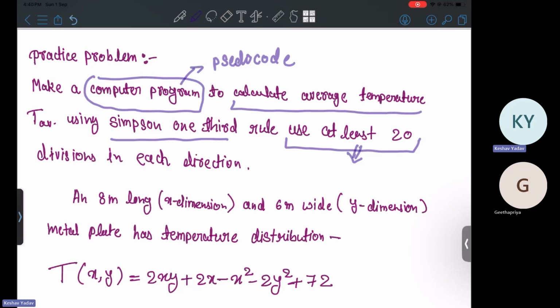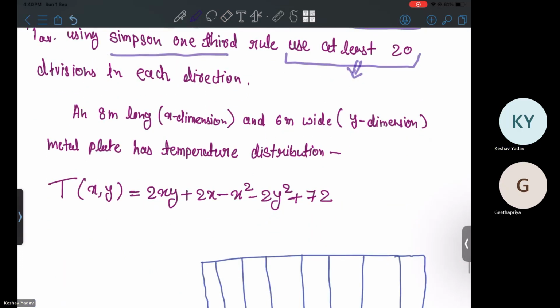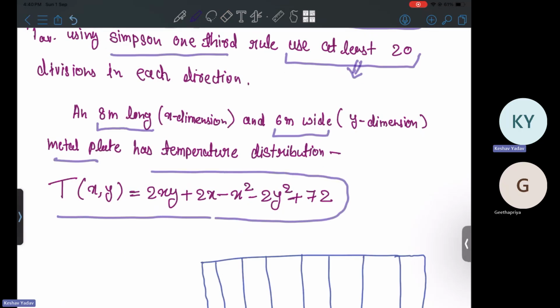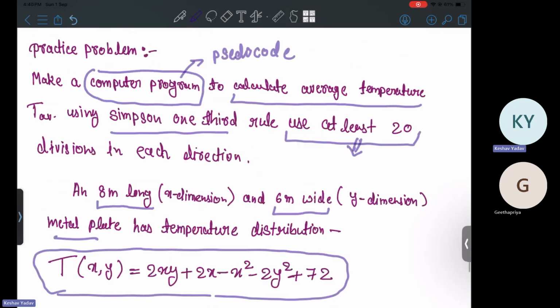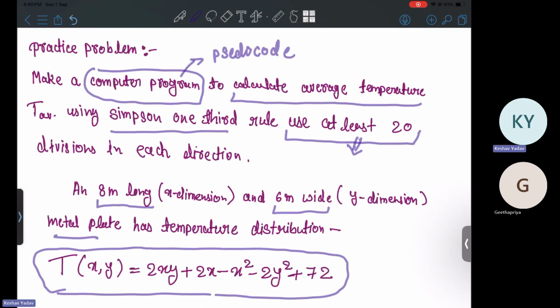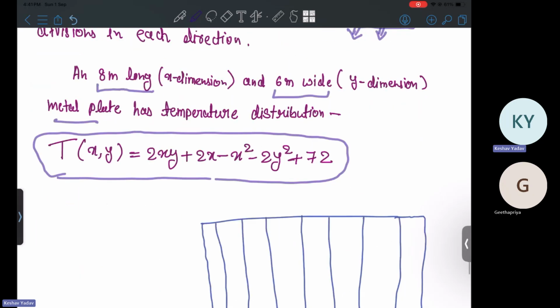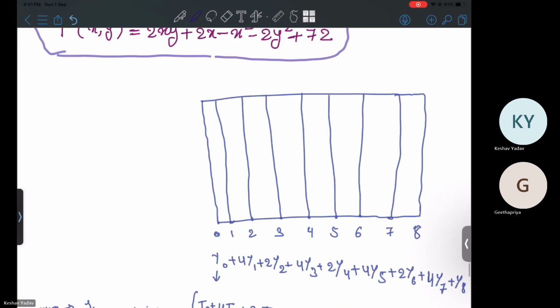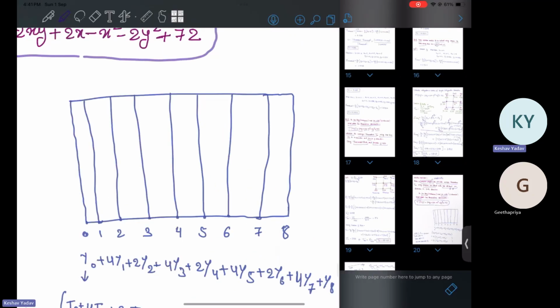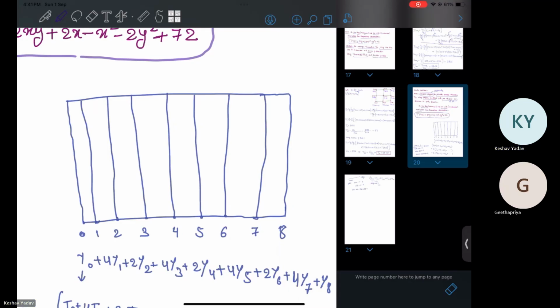The problem is the same. We have an 8-meter long and 6-meter wide metal plate where the temperature distribution is given. So we want to write a pseudocode using a large number of intervals to calculate the average temperature using the Simpson 1/3 method. Okay. So let me add one more page here.